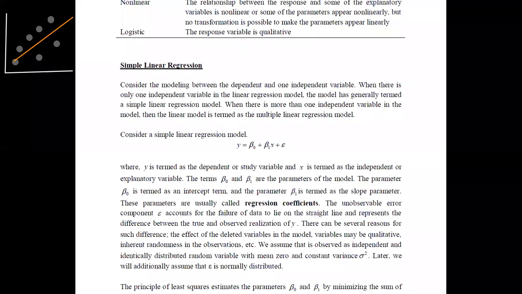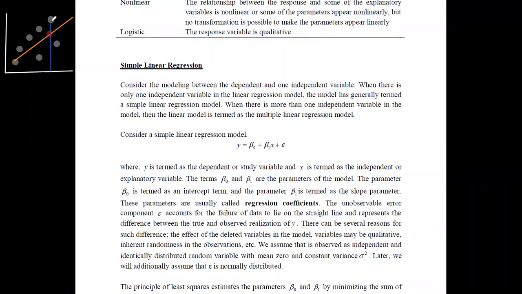Therefore, if you consider the value at this point, this is the value that we are going to consider, along the y-axis. Now you can see that this is the original value that we have already observed. But what has happened to the fitted value? The fitted value is now exactly on this line.